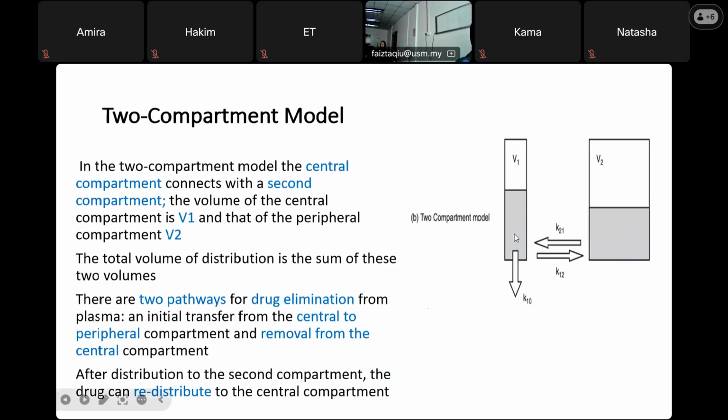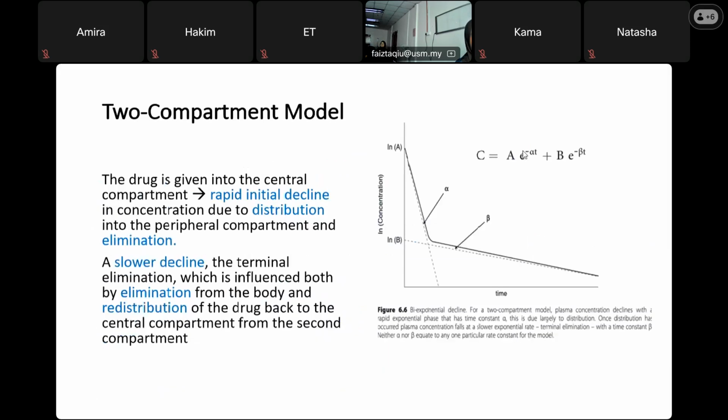After distribution from the central compartment to the peripheral compartment, the drug can also be redistributed back to the central compartment. And the mathematical equation for the two compartment model, because there are two ways of transfer, has two exponential eliminations, A and B. During A, the graph declines rapidly due to the distribution into the peripheral compartment and also elimination from the central.